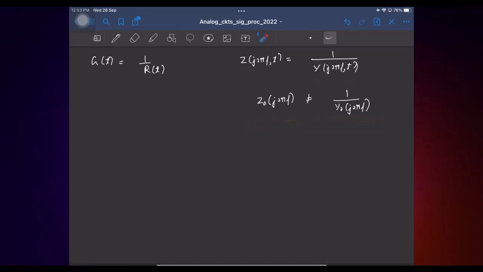This just says the DC term of this and the DC term of this. Just because these two are inverses of each other doesn't mean their DC components will be inverses of each other. That's all.